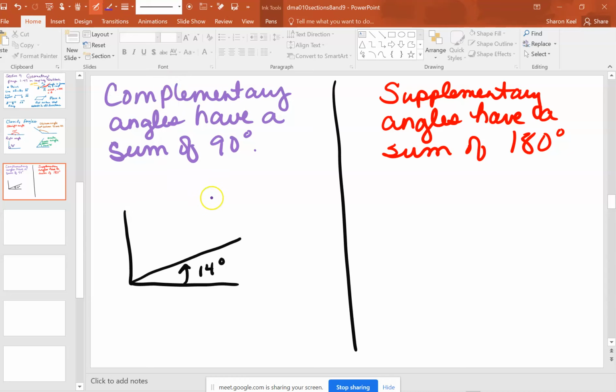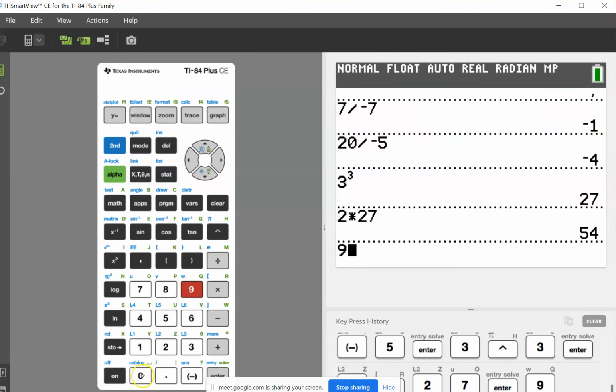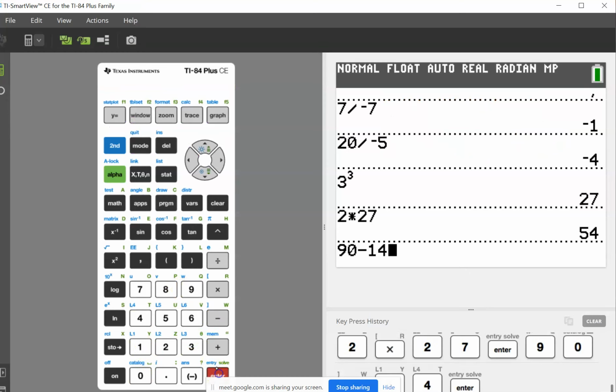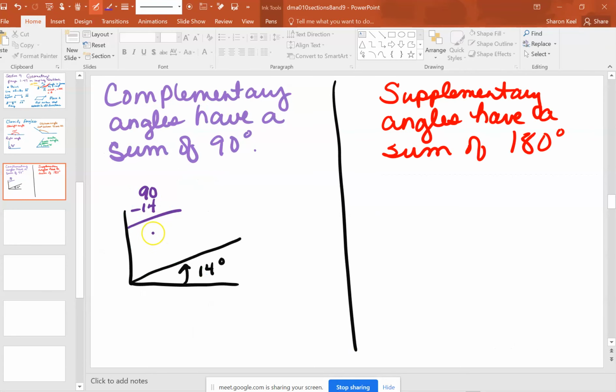The way I'm going to find the complement is I'm going to take 90, I'm going to subtract 14. 90 minus 14 is going to give me 76. So the measurement here is going to be 76 degrees. Because when you have a right angle, the sum is 90. The complementary angles have a sum of 90. So if they give you one measurement, you can subtract it from the 90 and find that missing amount for that angle.